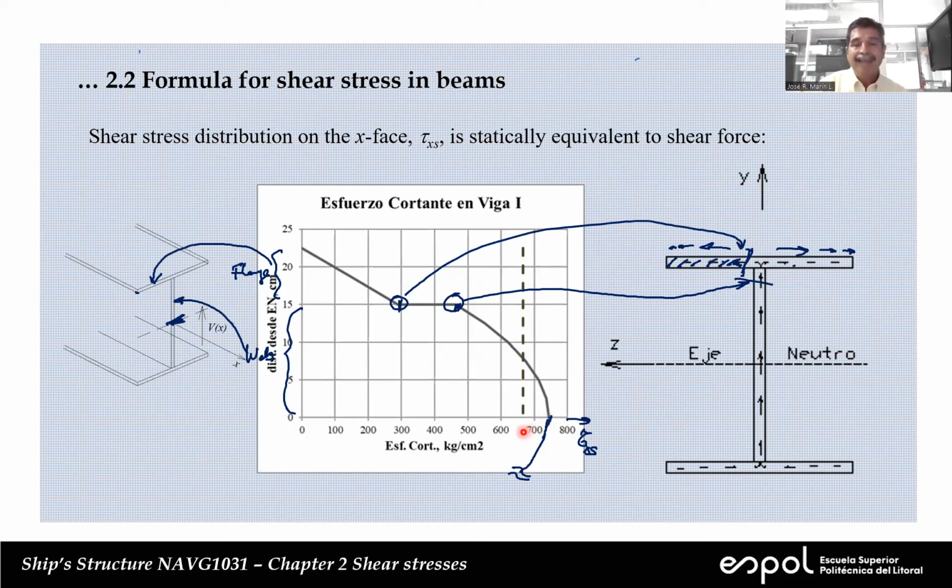Now it's very useful to calculate the mean value of the stress, so we can compare the maximum with the mean. The mean is presented here with this non-continuous line. To calculate the mean, since we know that the horizontal elements do not contribute to recuperate the shear force V, we only consider the vertical elements.